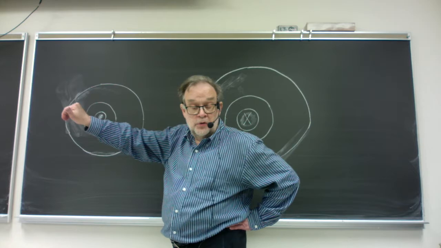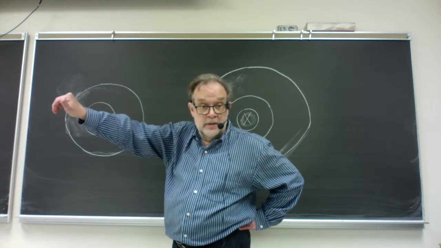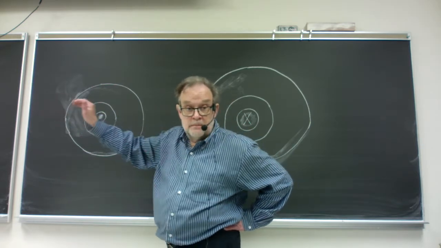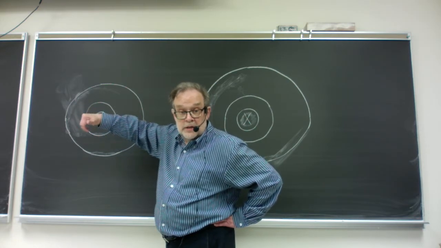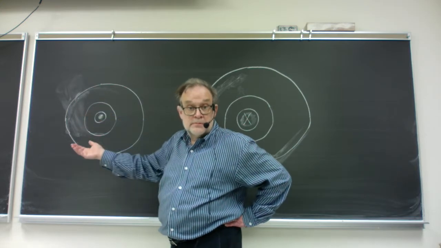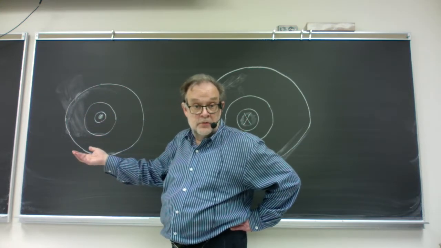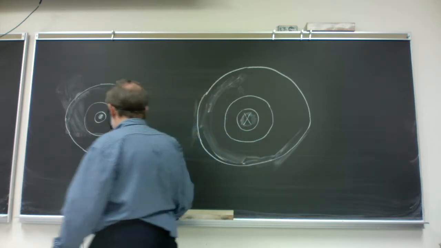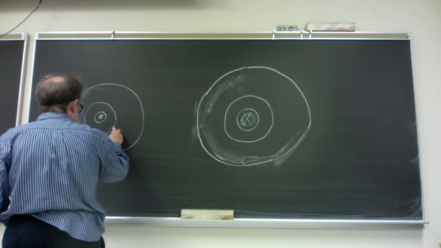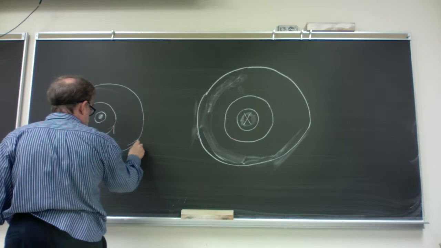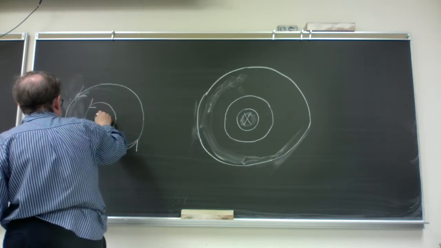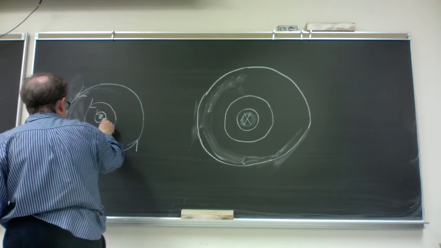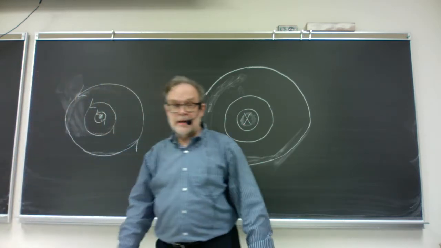So for the current coming out like this, thumb in this direction, curl fingers of the right hand, and they curl around in a counterclockwise sense. So that's the direction of the magnetic field lines. Like that.